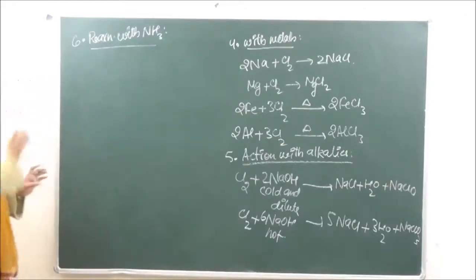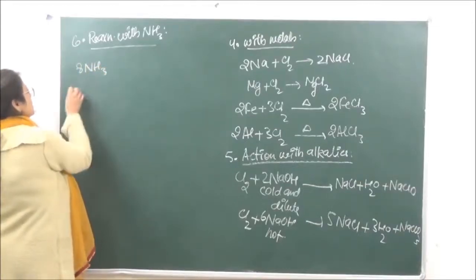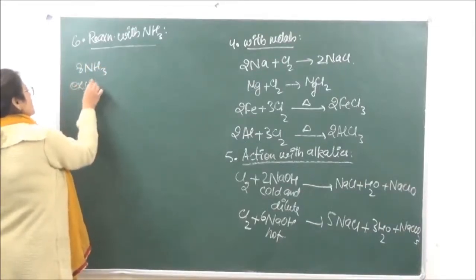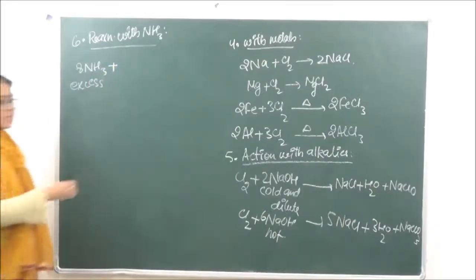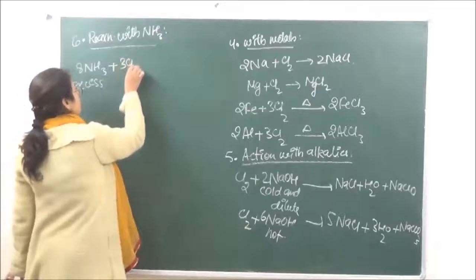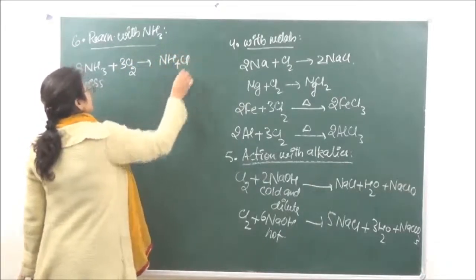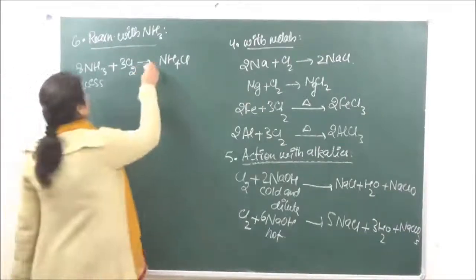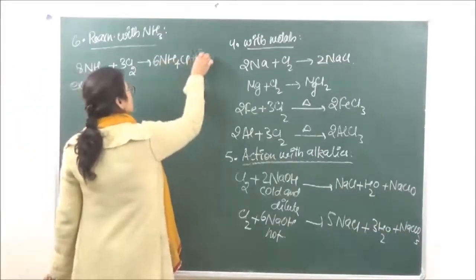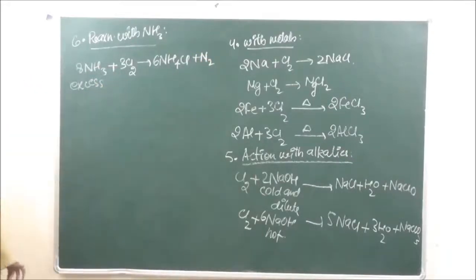So when we are taking ammonia in excess, excess of ammonia plus Cl2, it is going to give us ammonium chloride plus nitrogen.